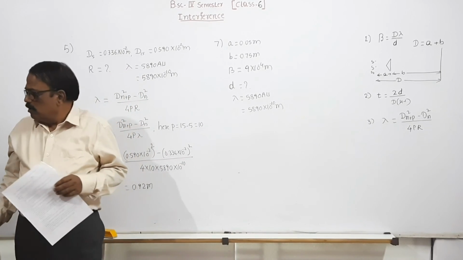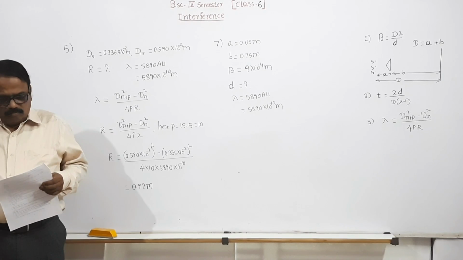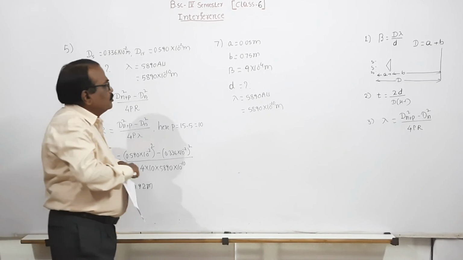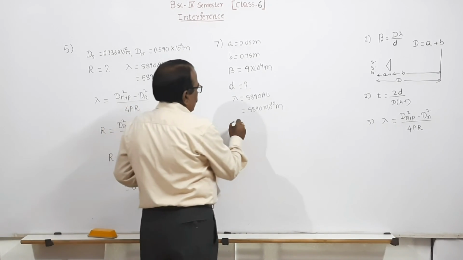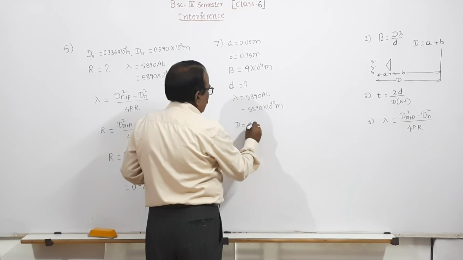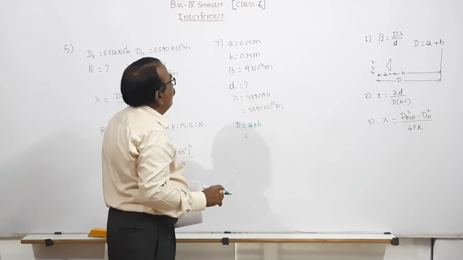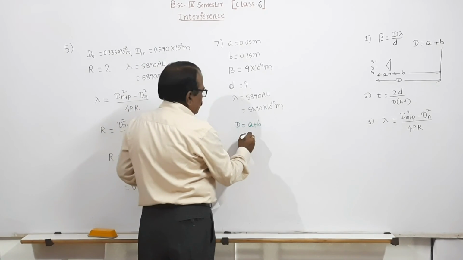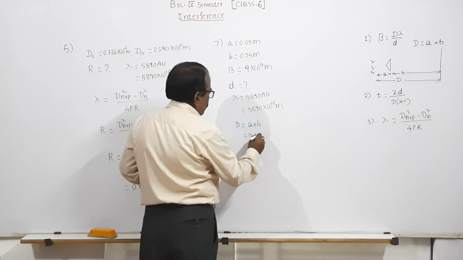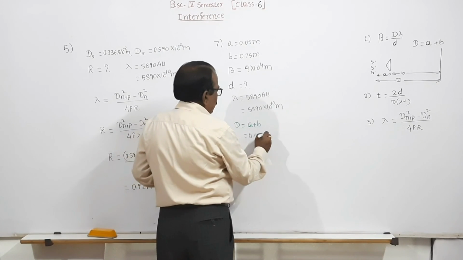Then you have to first calculate what is D. Your D is A plus B. What is A plus B? 0.05 plus 0.75.